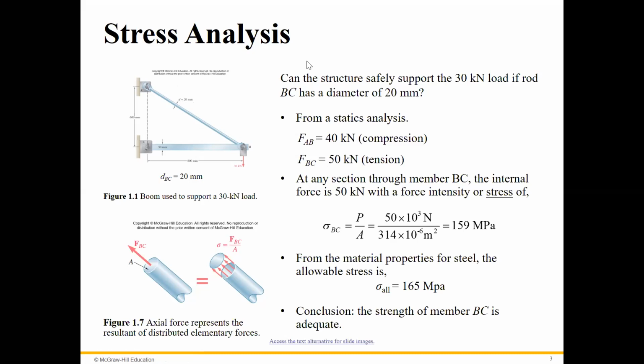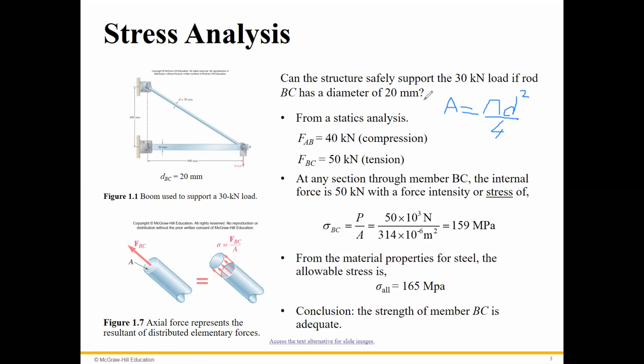How can we calculate the area? What do you think? We've got a diameter, 20 millimeters. Area would be pi d squared over 4, right? So we can find it.